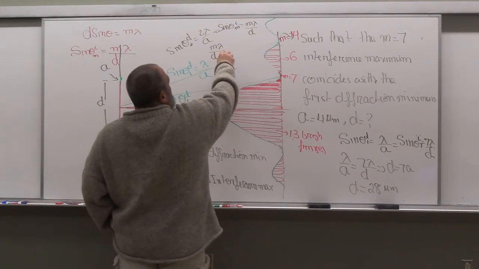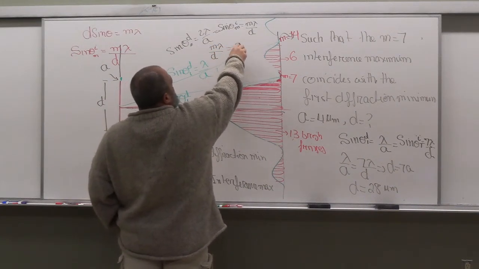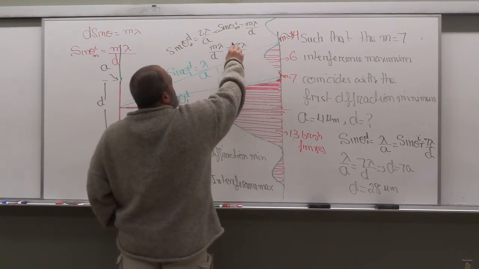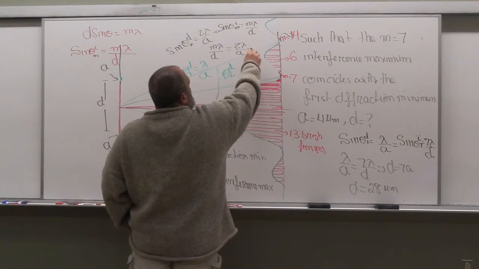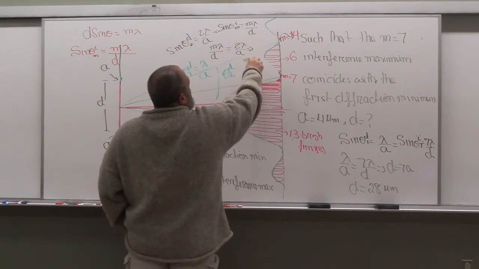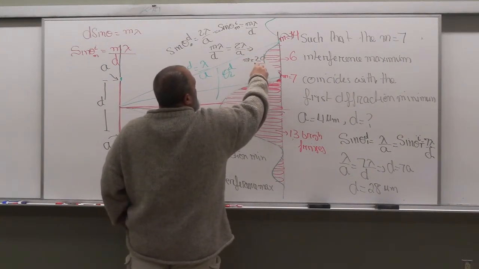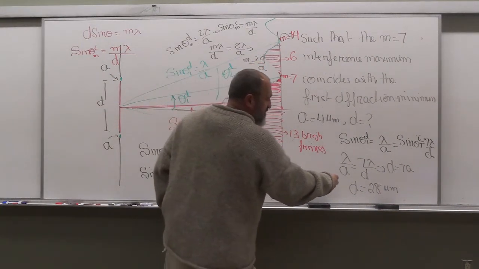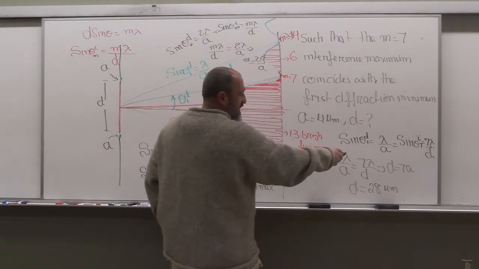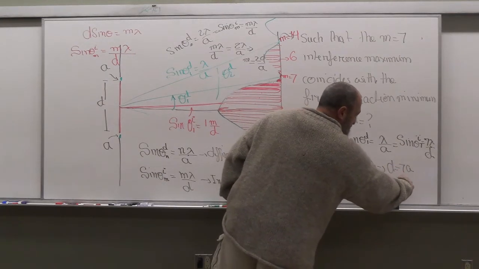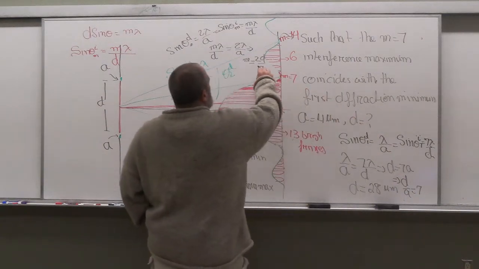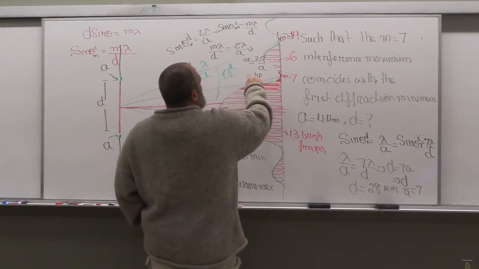For the second diffraction minimum, it is equal to 2 lambda over a, and that tells me that m is equal to what? 2d over a, right? And what is d over a? From that, d over a is 7, and this is 2d over a, so that is equal to 14.